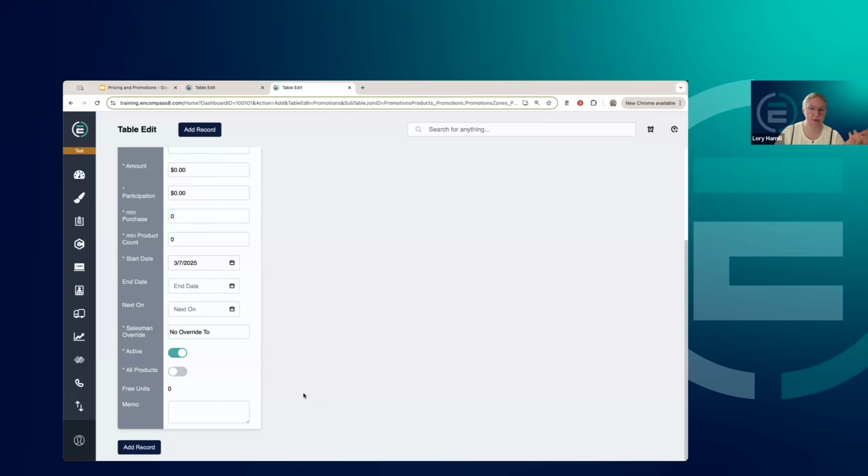And a memo is a note just for us internally. It can indicate, if there's ever a handoff of information, or someone who has common questions, or notes that we leave to other locations or administrators about these promotions, that's how we might use this memo field. I don't have a memo to leave, so I'm going to go ahead and add this record.